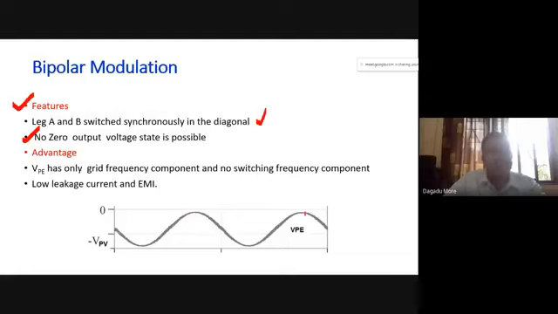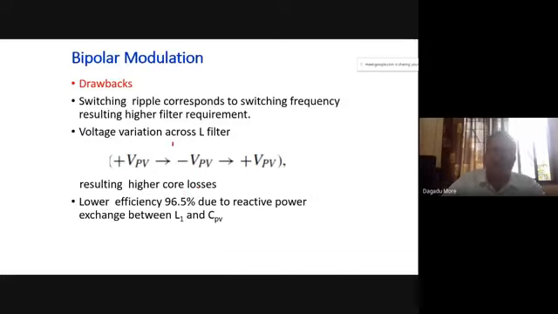No switching frequency components appear, particularly in this capacitance between the panel and the ground. Because of that we can say there is low leakage current and EMI. That is the benefit. So this one required feature is available, but what are the drawbacks of this scheme?